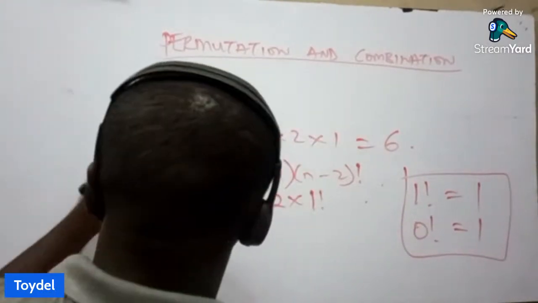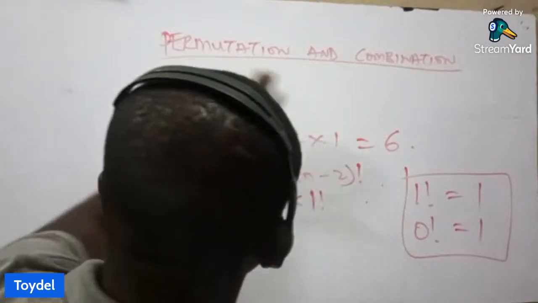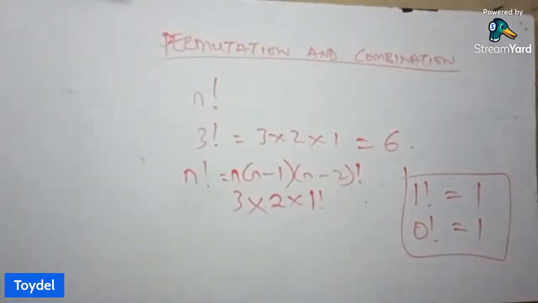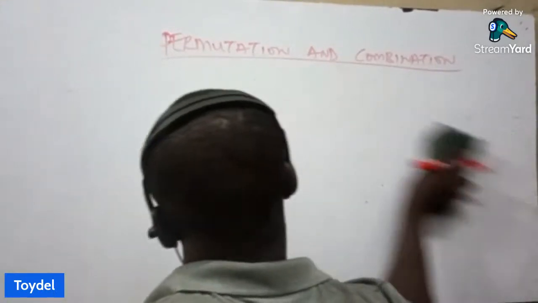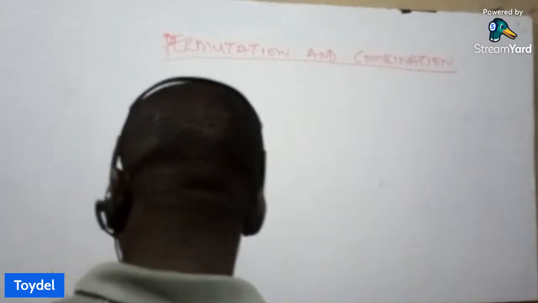So this is just an introduction into arrangement of items or objects. Okay. So when we are now talking about permutation, it simply means arrangement of objects taking into consideration different order of arrangement.